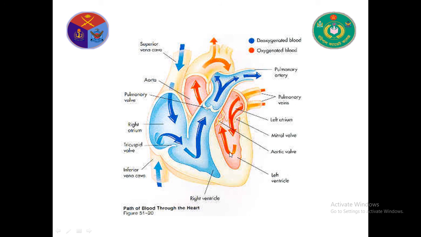Then this oxygenated blood spreads all over the body through aorta and their branches. This is also a figure of blood circulatory system in human body.